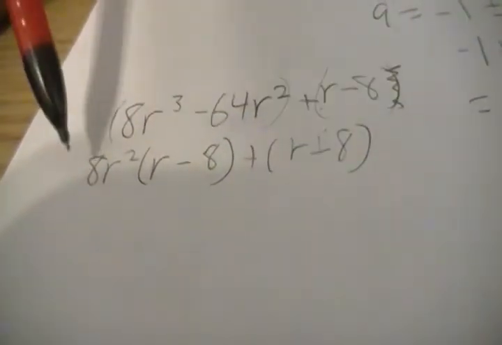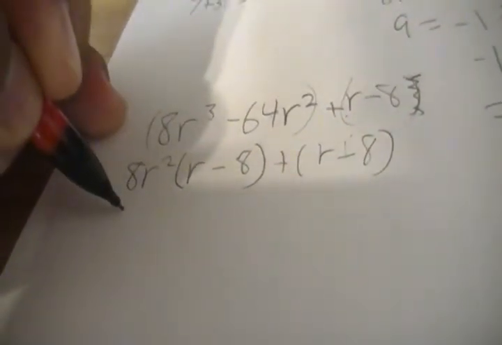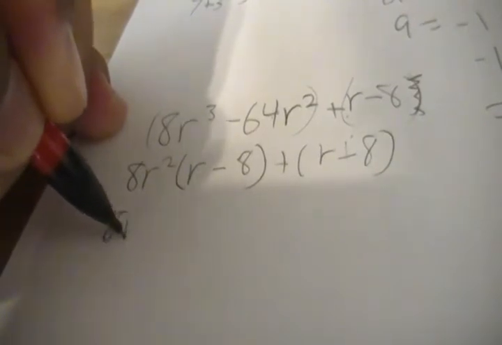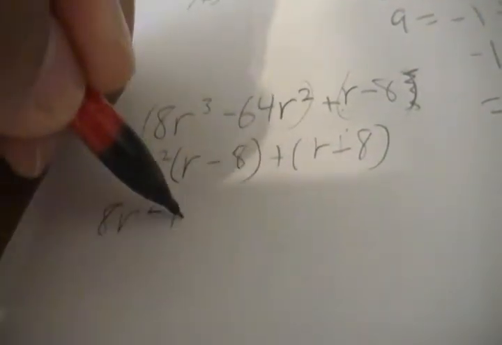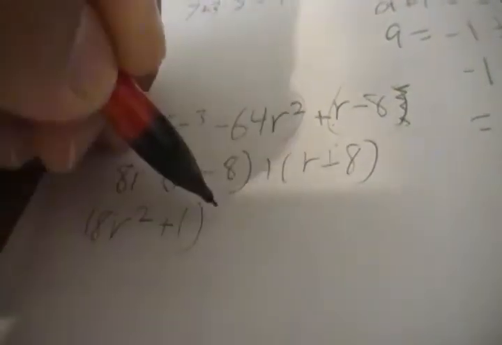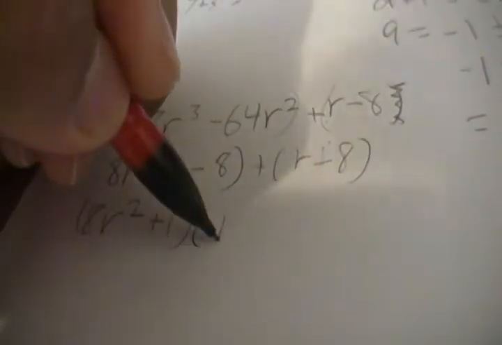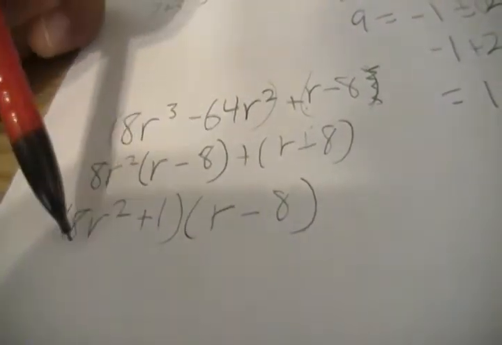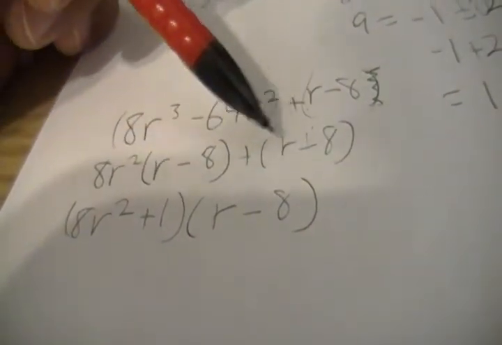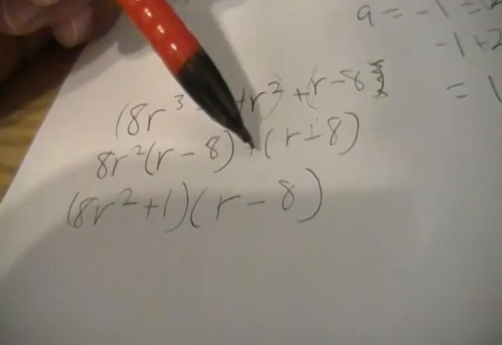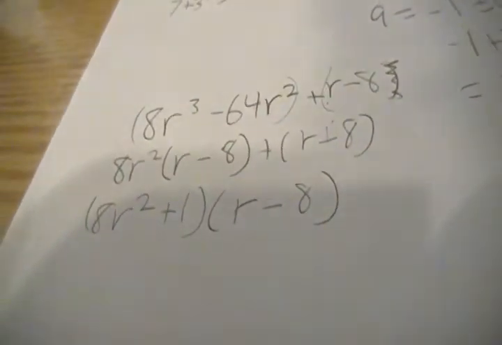So in this case, you can actually factor this r minus 8 out from the whole expression. So you get 8r squared plus 1 times r minus 8, because 1 times r minus 8 is r minus 8. Okay, let's try another one.